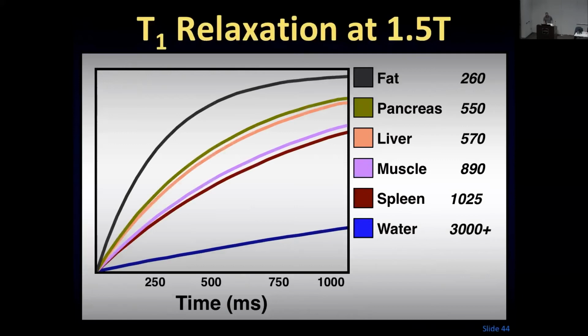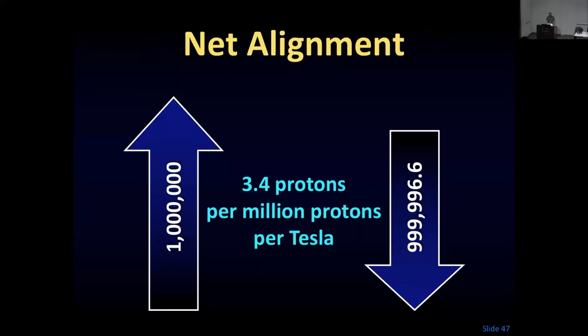And actually, there is something I want you to memorize. I want you to memorize that fat has the shortest T1 of any normal soft tissue, and water has the longest T1 of any normal abundant biological substance.